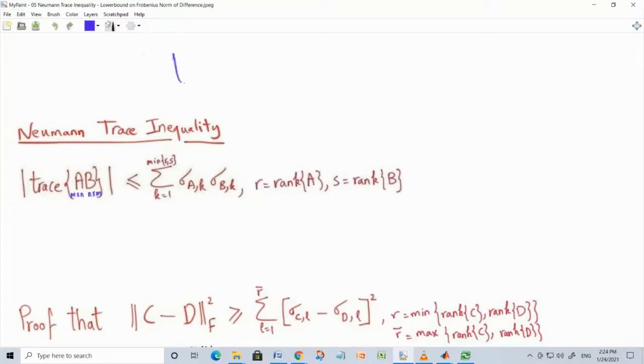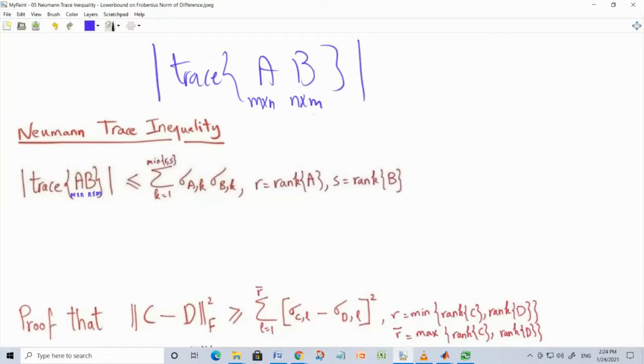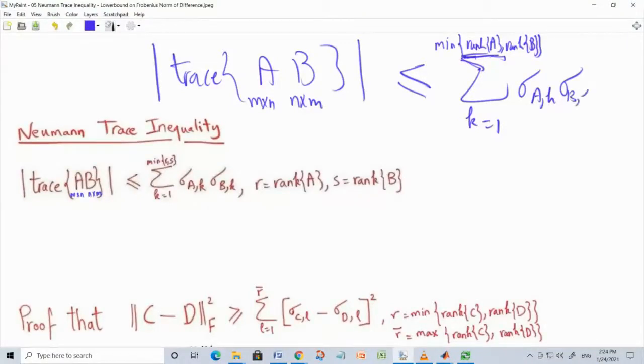It tells you that you have the trace of AB, where one matrix is m by n and the other is n by m, and you are interested in upper bounding the magnitude of the trace. You can upper bound it with a summation, with k from 1 to the minimum of rank A and rank B, of sigma_k(A) times sigma_k(B).